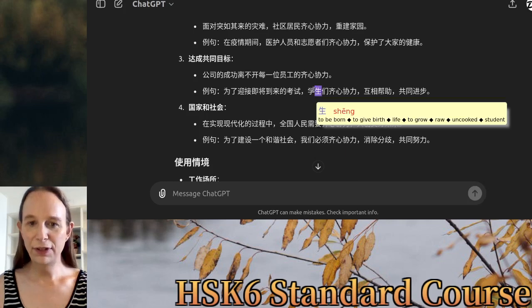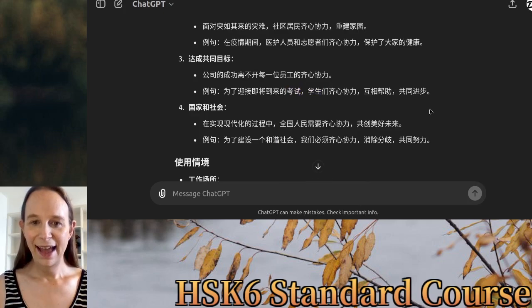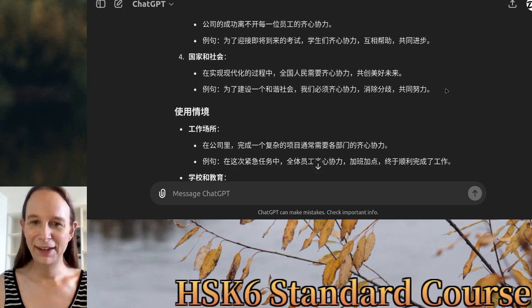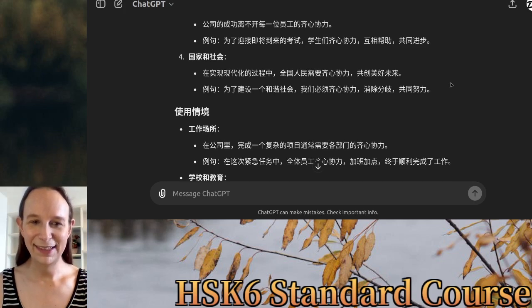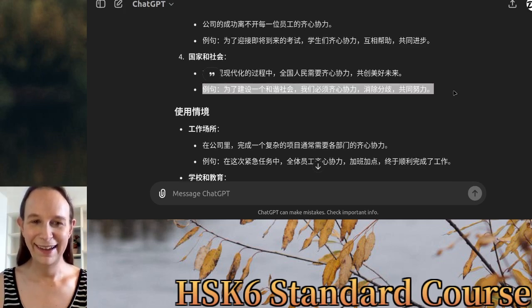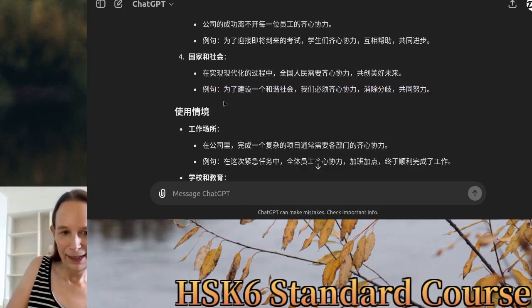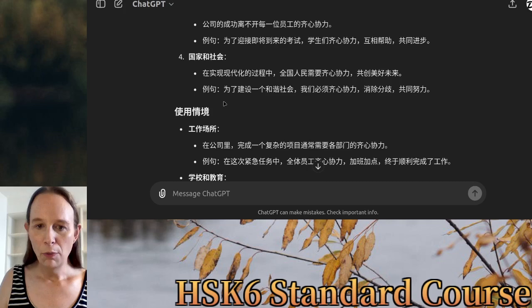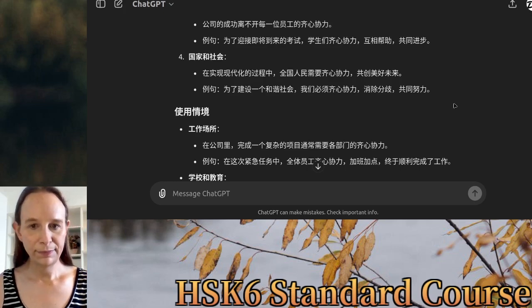Okay, so the students are working together in preparation for the 考试, the test. Yeah, my experience is that's not usually all that effective. It depends on other students, I don't know, level of quality and things like that. 为了建设一个和谐社会，我们必须齐心协力，消除分歧，共同努力. All right.